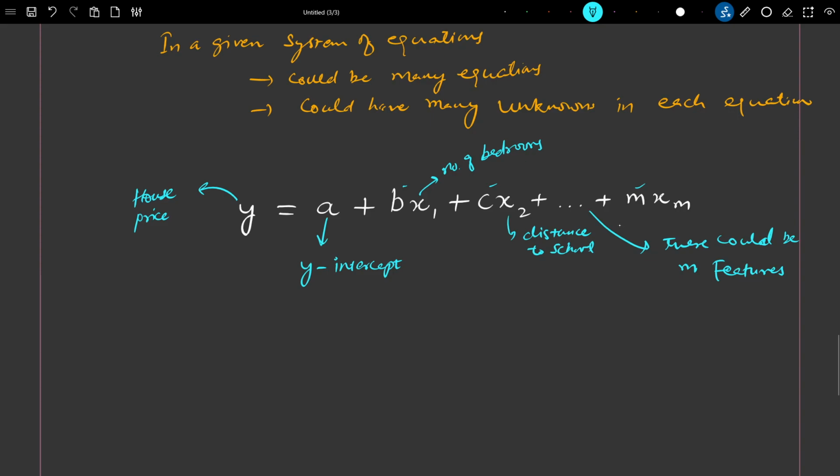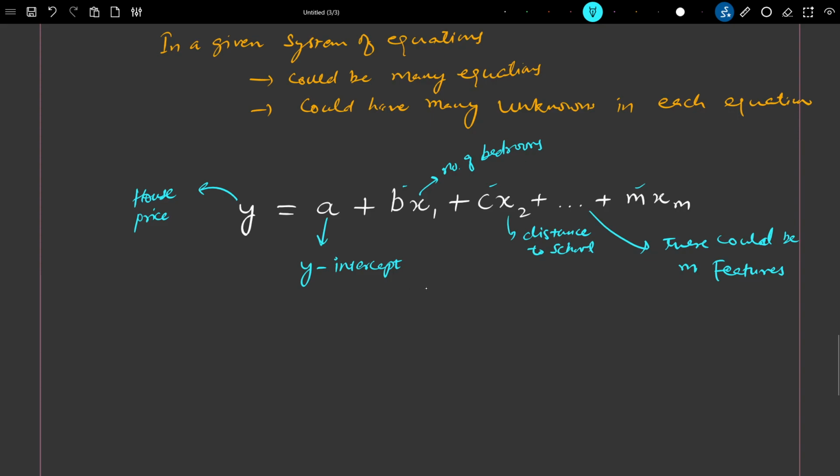For each one of these input values that we are predicting house price with, we're going to have an individual variable that we want to learn.